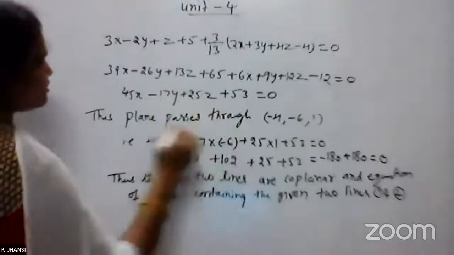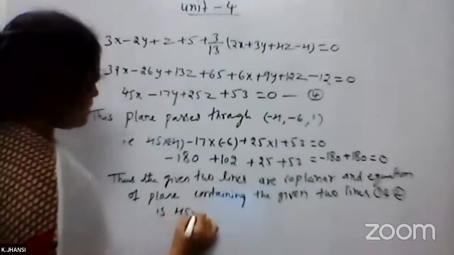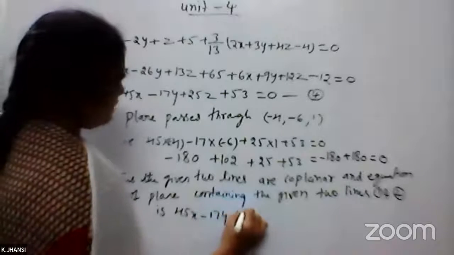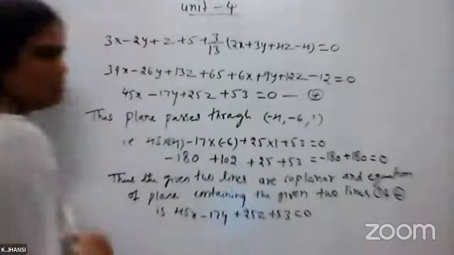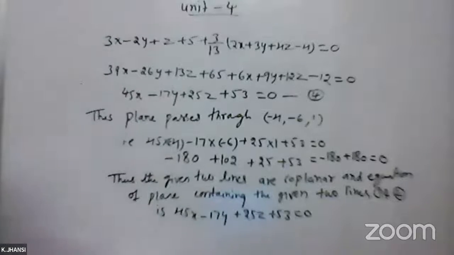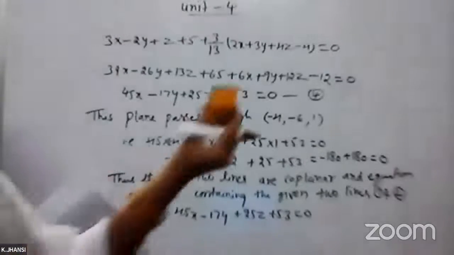So you write this one, that is 45x minus 17y plus 25z plus 53 equals 0. Okay, half the part we have completed. Now we have to find the point of intersection.